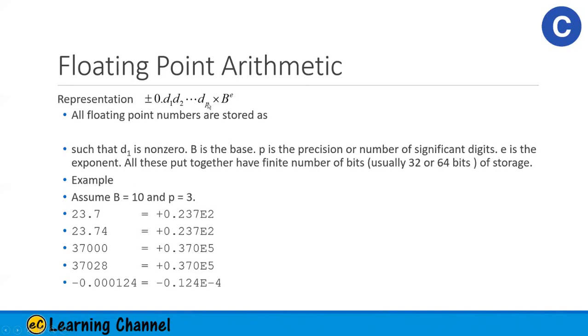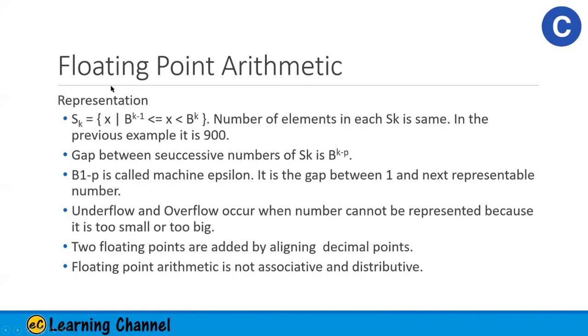This representation is useful if you know the scientific notation. And floating point arithmetic representation, this one actually is the set for k-bit. So in k-bit, you actually represent the integer value between these.